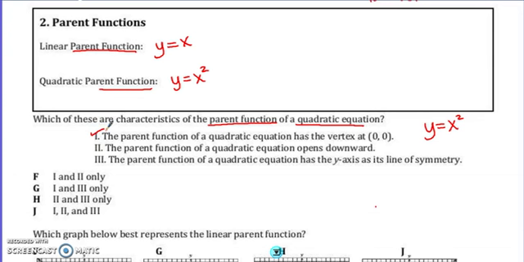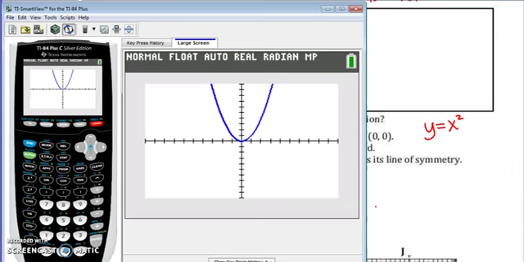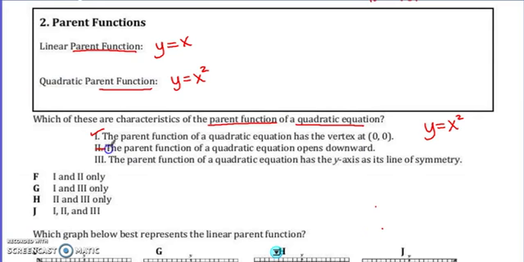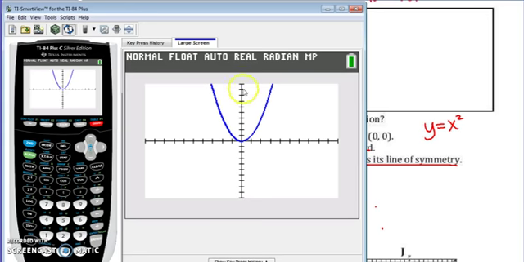The parent function of a quadratic equation opens downward. So if I look at that graph, is this opening downward? No, it's opening upward. It's positive. So I do know that this one is incorrect. The parent function of a quadratic equation has the y-axis as its line of symmetry. Remember, line of symmetry is a vertical line that cuts it in half. So let's see. This is my y-axis right here.